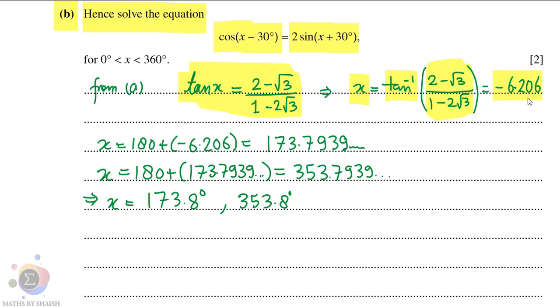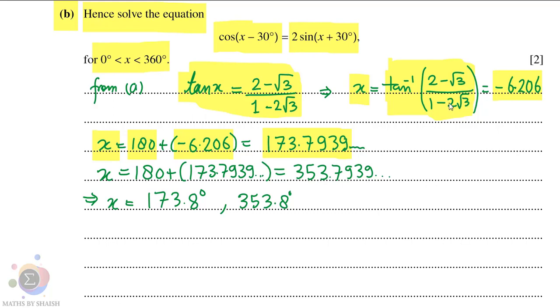So it is minus 6.206, and we need to get the angle between 0 and 360. For tan, we know the next angle we always get by adding 180 degrees to the previous angle obtained by the calculator. So we add 180 to minus 6.206, we got 173.7939 and so on. And why we got this, because I have used this complete thing as the answer.